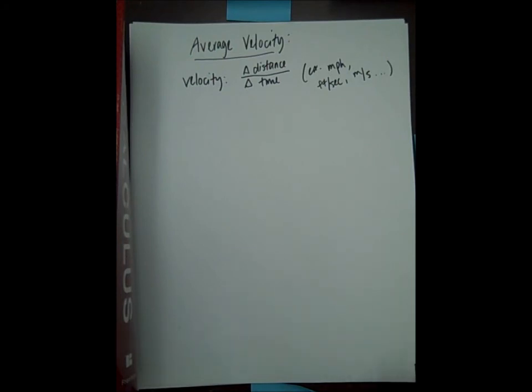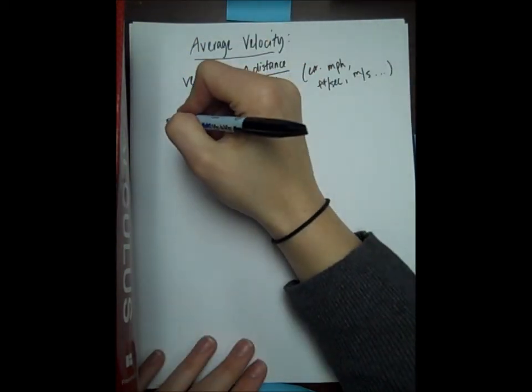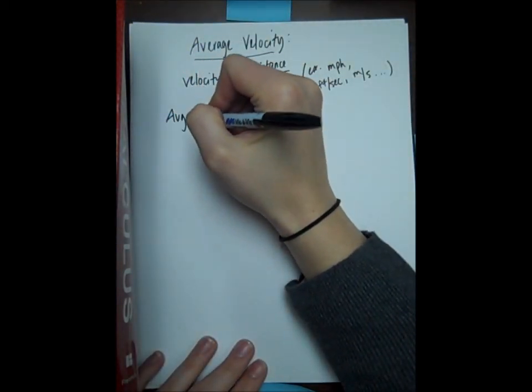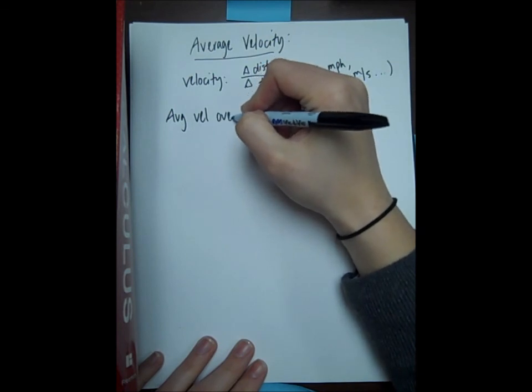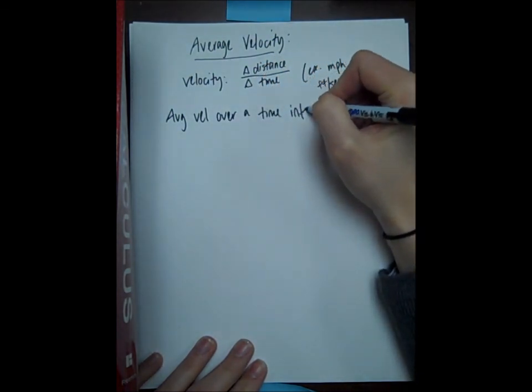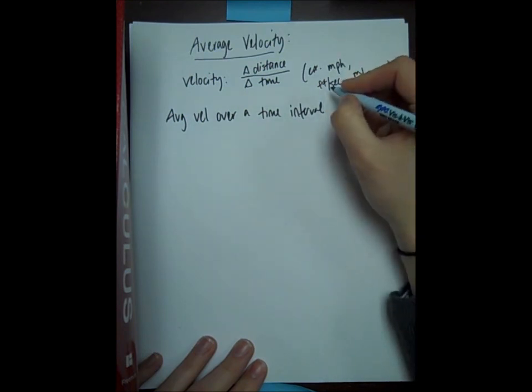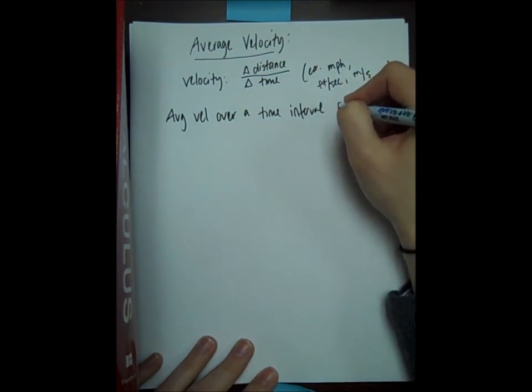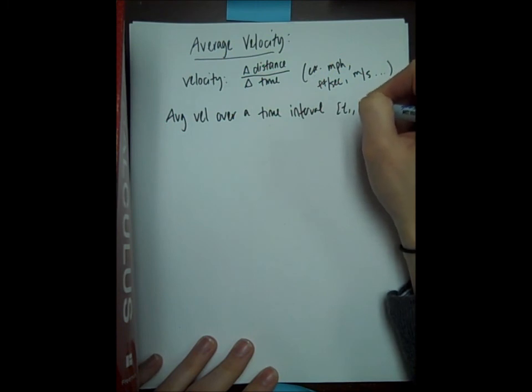The average velocity over a time interval is going to be how far my distance, or my position, changes divided by the time. So let's write that down. Average velocity over a time interval. Let's say our time interval here is from T1 to T2.